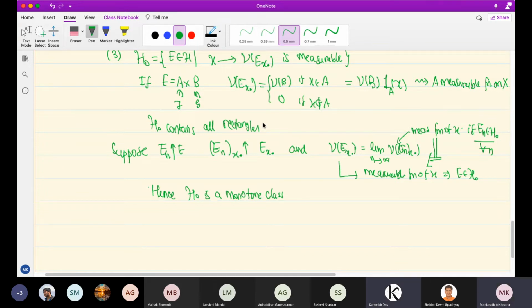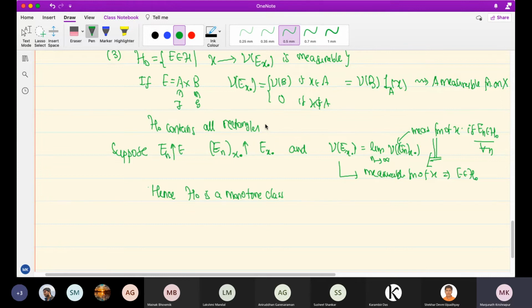Right, but why is that so? What does the monotone class theorem say? The monotone class generated by an algebra. Rectangles don't form an algebra, but once H0 contains rectangles, it also implies that H0 contains the algebra generated by rectangles, right?